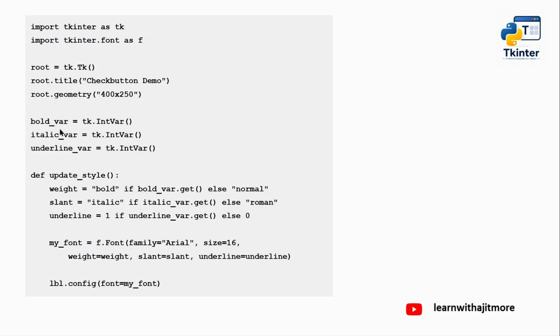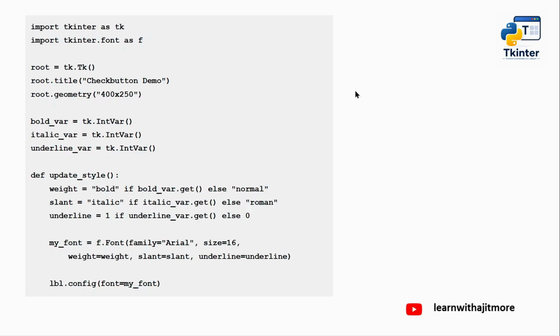If boldvar.get returns 1, so it is true, then string bold will get copied in weight. Otherwise, string normal will get copied in it. So what will get copied in weight? Either bold or normal, depending on what value is there in that bold var.